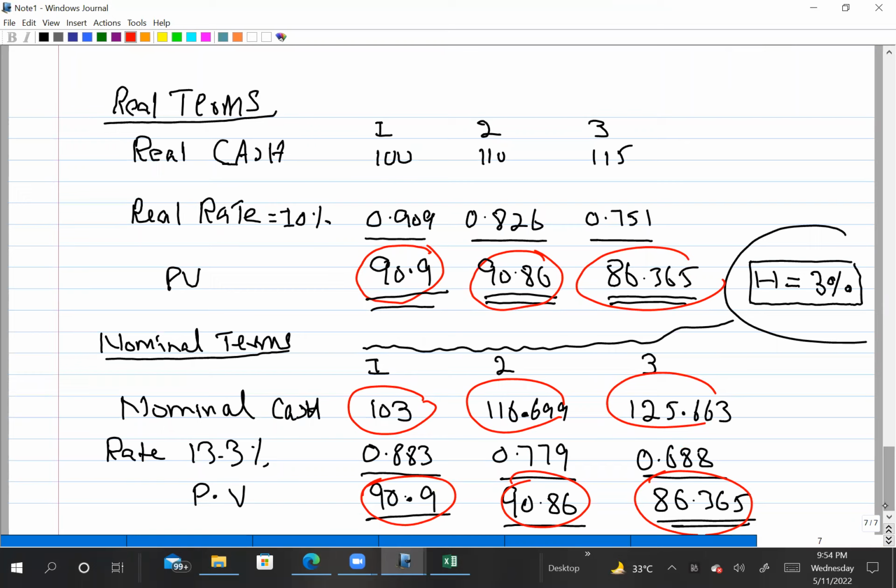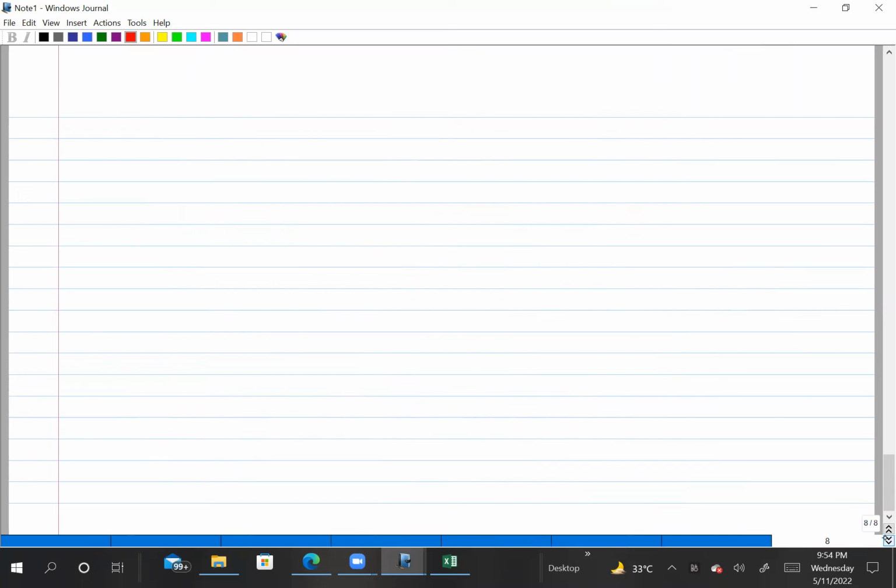We will do the practice of these concepts later on. So the concept has been discussed. We have discussed the concept of NPV with an example, and now we have discussed the concept of Fischer effect.